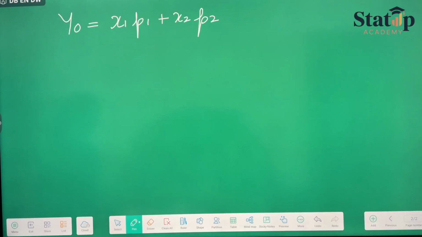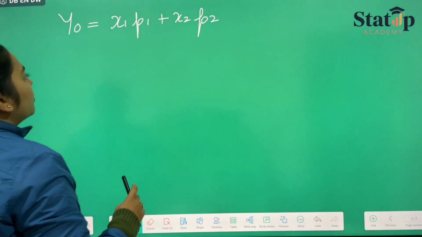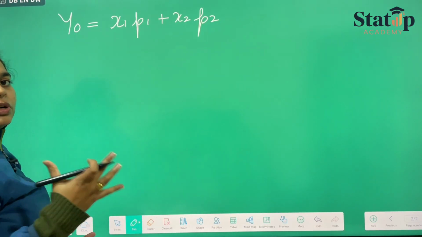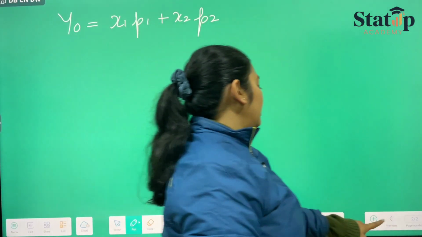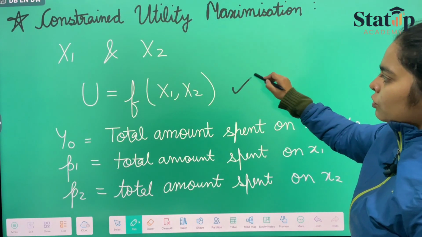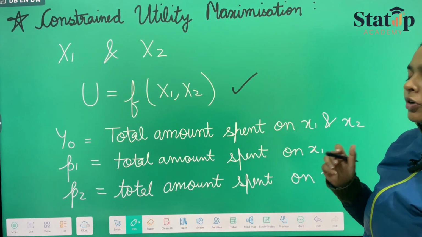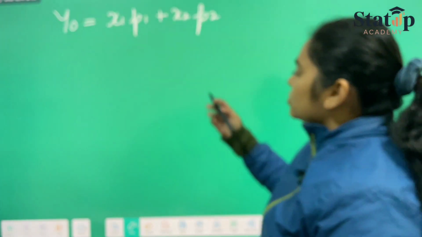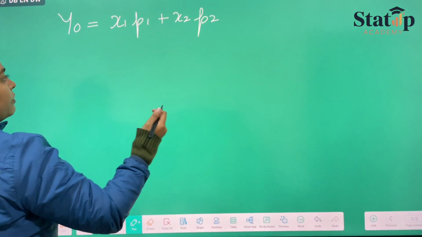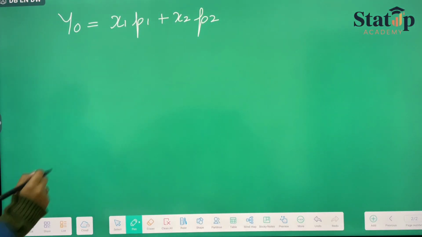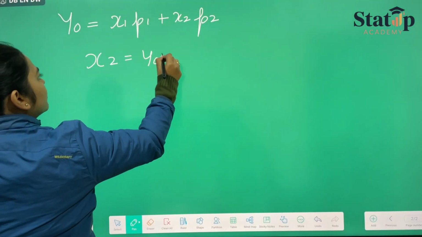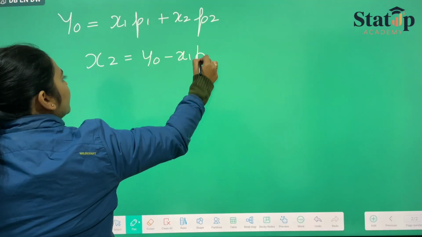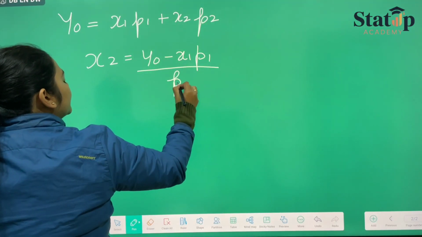Now if we want to find the utility function, then we have to convert this function into a function of one variable. Here the utility function is a function of two variables, so we have to convert it firstly into one variable. So suppose we are taking the value of x2 as y naught minus x1 p1 upon p2.